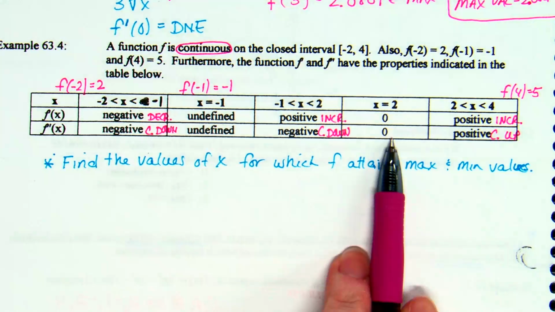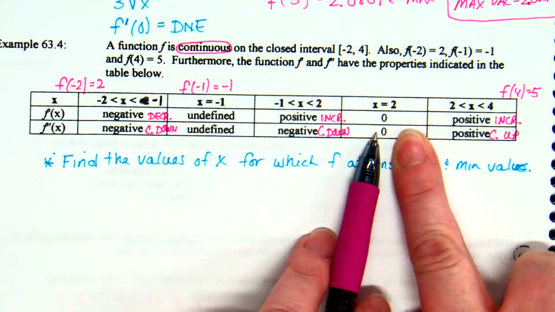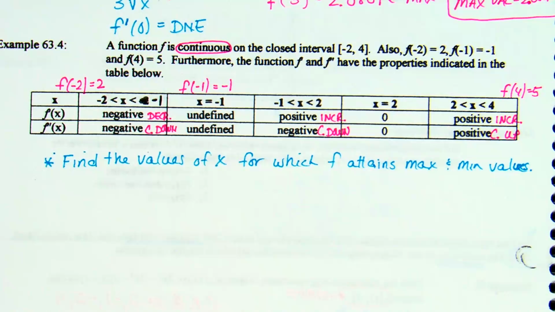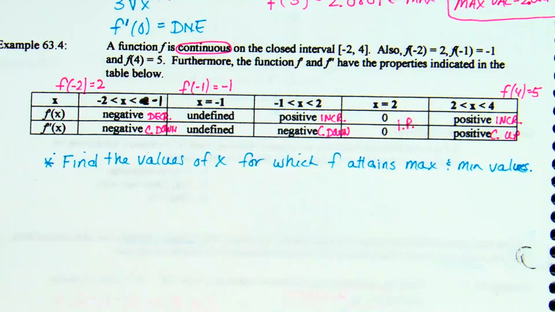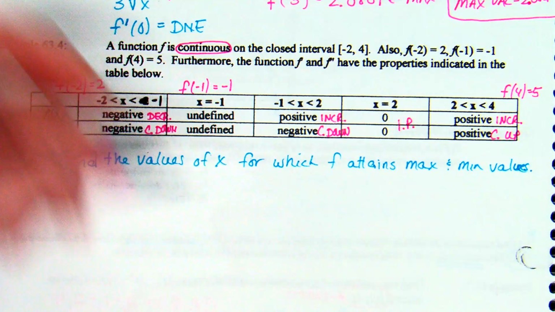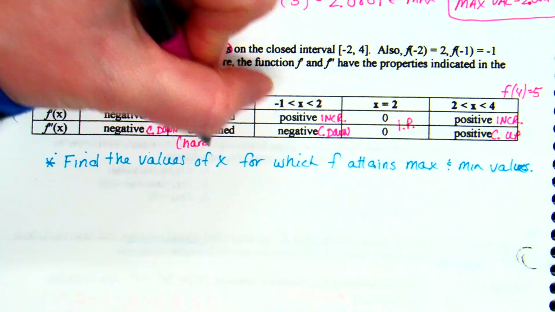Now, where x equals 2, min, max, inflection point? My graph is increasing and then increasing again. It can't be a min or a max, so it has to be an inflection point, because you can't go from increasing to increasing and have a min or a max. Just think logically there. This undefined says that it is, as I mentioned earlier, a hard point.